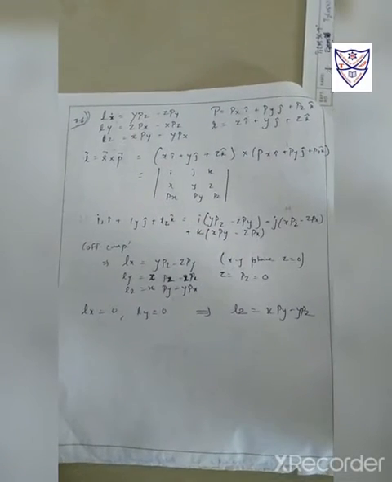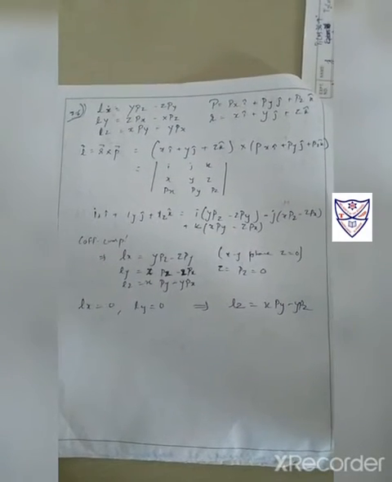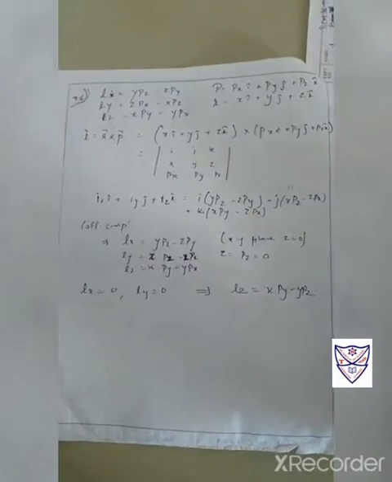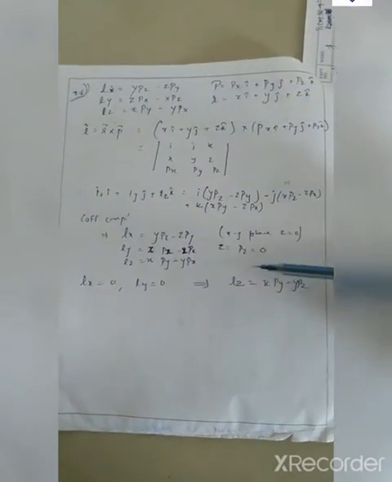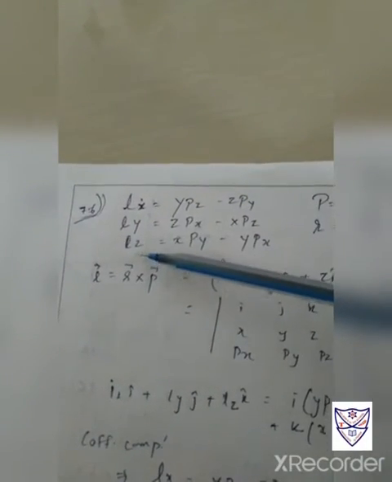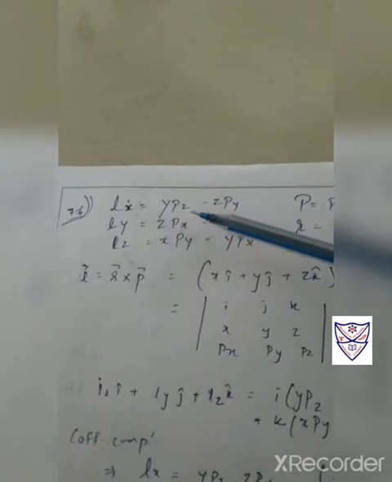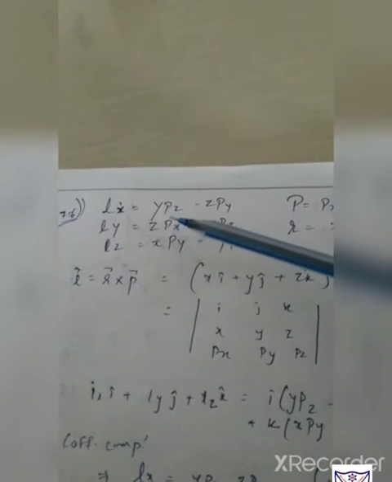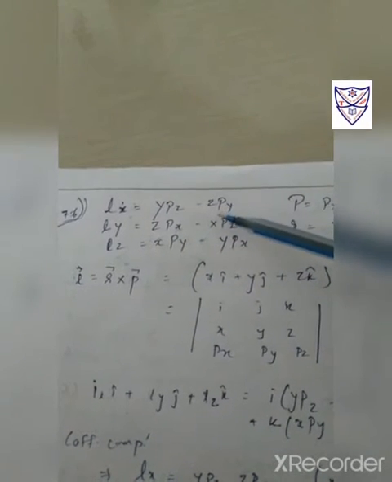Here it's totally a formula based sum where you have to just find the term Lz. They have given you the terms Lx, Ly, Lz, angular momentum, in terms of the given equation as you can see on the screen. Lx is equal to ypz minus zpy, and another two are like this.